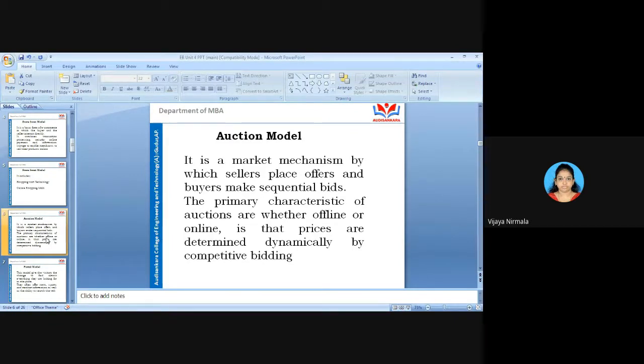So if the conventional marketing channels are inefficient, then auctions are the best method.